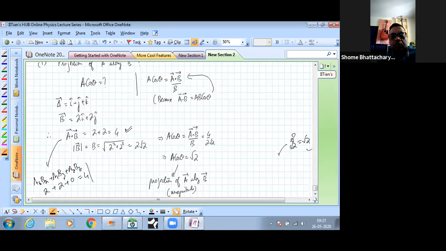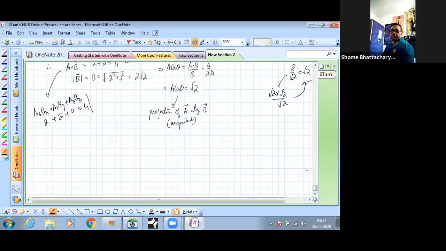Shravya, root 2 by root 2 is root 2 into root 2 by root 2, so it's root 2. Understood, no? That's how we calculate. Yeah, no problem. I think recently in maths also you have done surds and all, so it's a little bit like that. You're rationalizing the denominator basically.